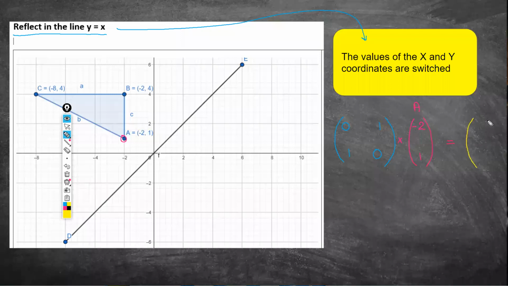Even if you could predict the answer without working it out, do me a favor, still work it out. Being able to multiply matrices is really, really important in maths, not only for this topic, but for other topics. Refresh your memory.